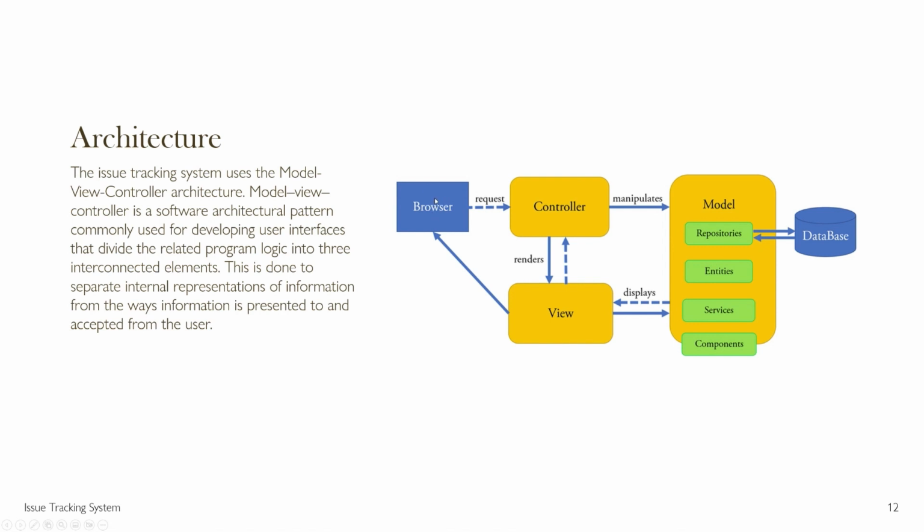The client can issue requests to the system. The request has to go to the controller. Based on the request, the controller will delegate the request to the right entity.